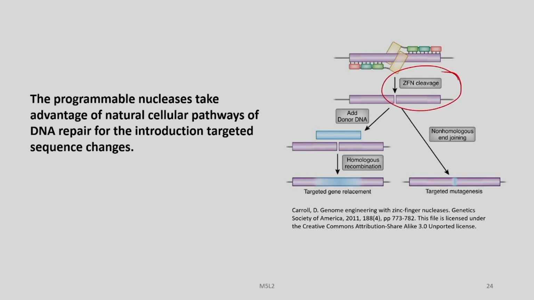So, now it may follow 2 pathways as we have discussed in the beginning of our course. It can lead to non-homologous end joining, and there can be some targeted mutagenesis over here, or it can follow the homologous recombination pathway, and we may add a donor DNA over here which will lead to the targeted genetic replacement.